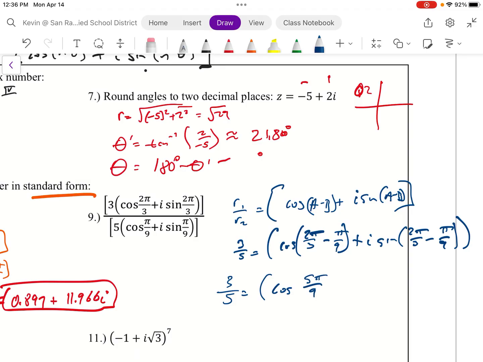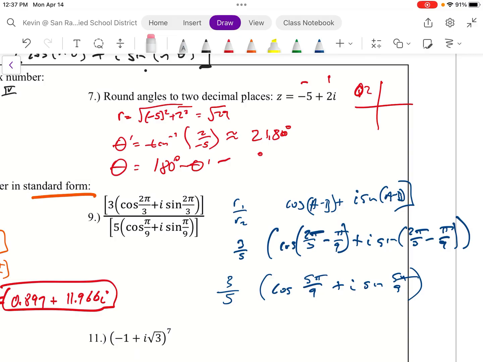Let's see, 3 times 2, 6, so this would be 5 pi over 9 plus i sine of 5 pi over 9.